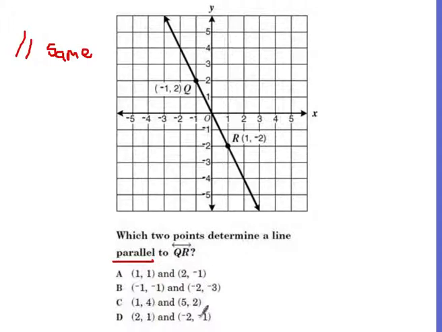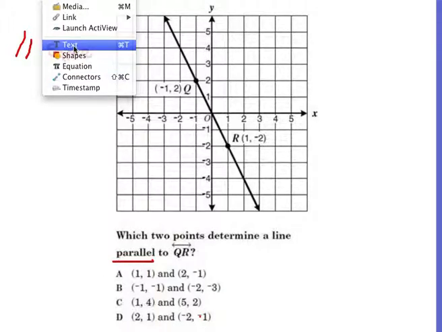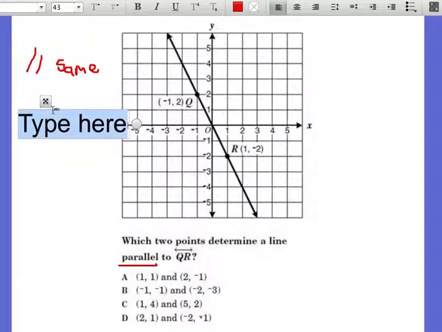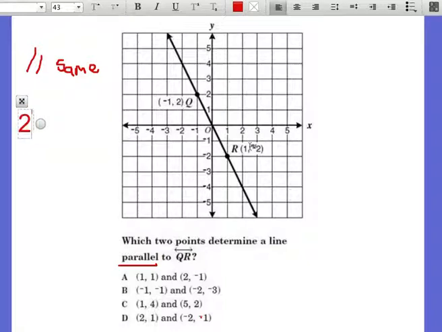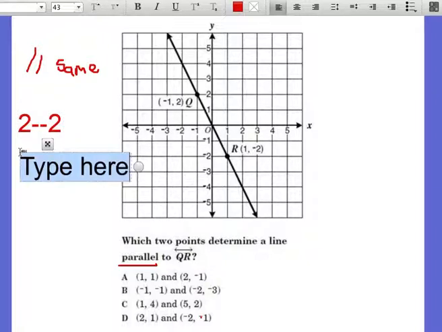Okay, so if we look at the line that we're given, we want to do y minus y, so I'm going to do 2 minus negative 2 divided by negative 1 minus 1.